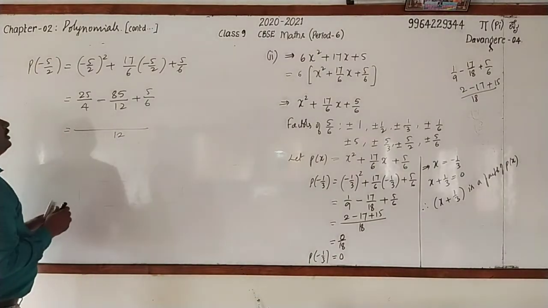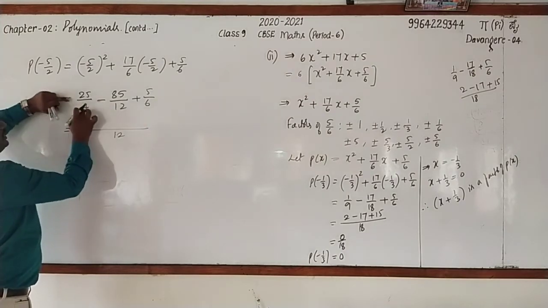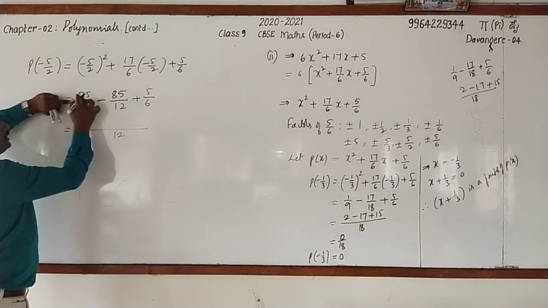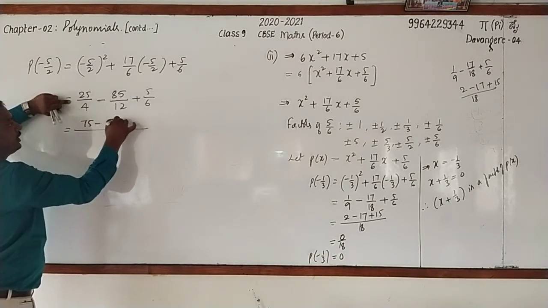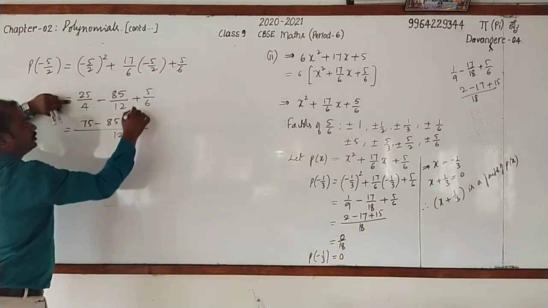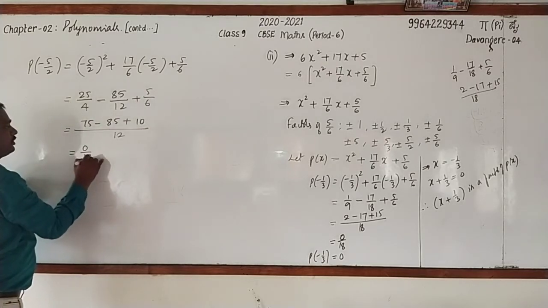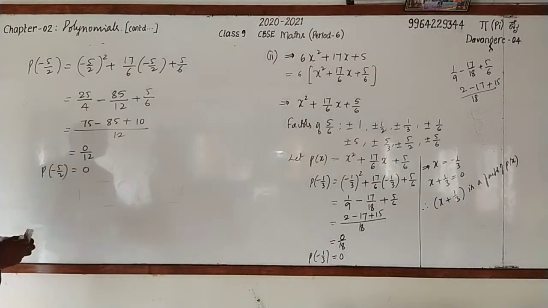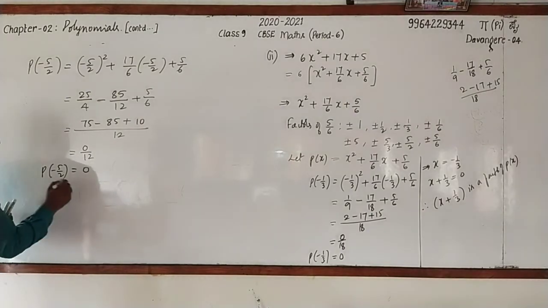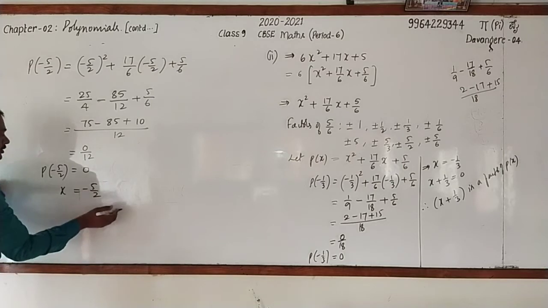Now multiply the LCM with each of these three. Here 4 threes are 12, then it is 75. Multiply here, cancel 85. Multiply 12 here, 2, it is 10. Then 85 minus 85, 0. 0 by 12, it is 0. P of minus 5 by 2 equal to 0. Clear? Then we can write x equal to minus 5 by 2.